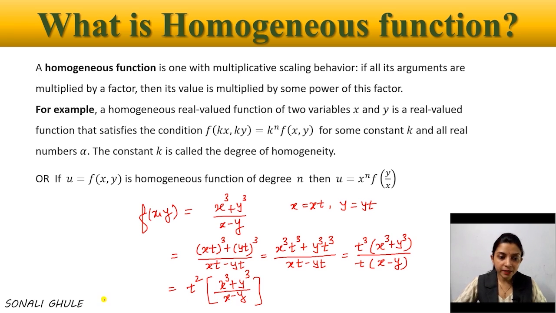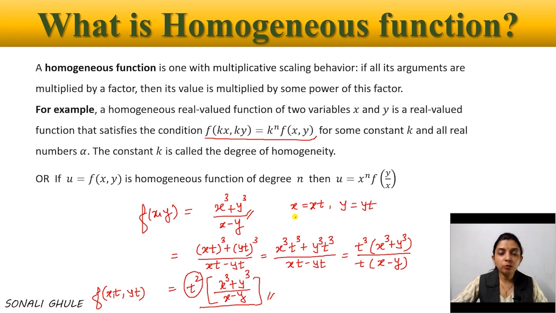Right? So you can check here, when you replace your x by xt and y by yt, you get the function where you find t square common, and this is your original function. So accordingly this must satisfy this definition.